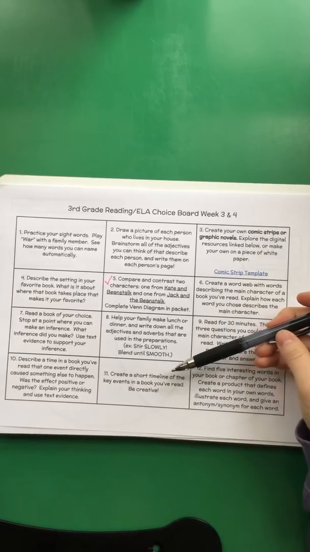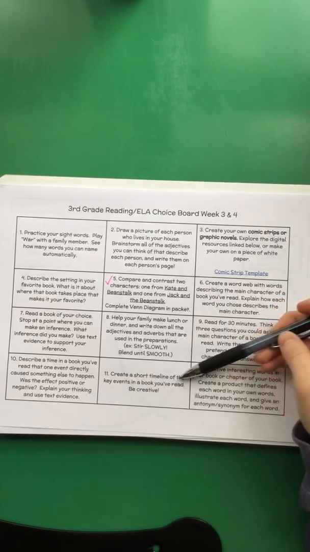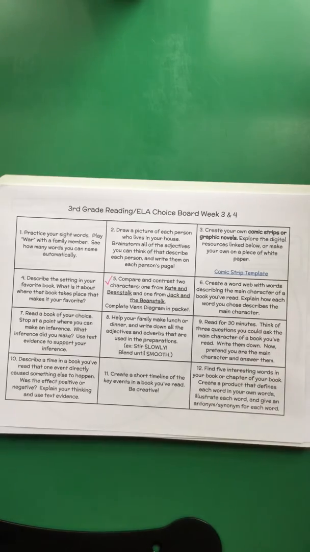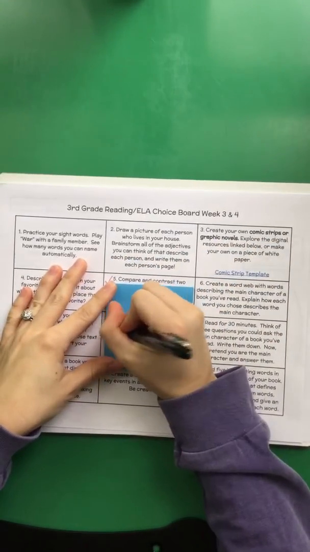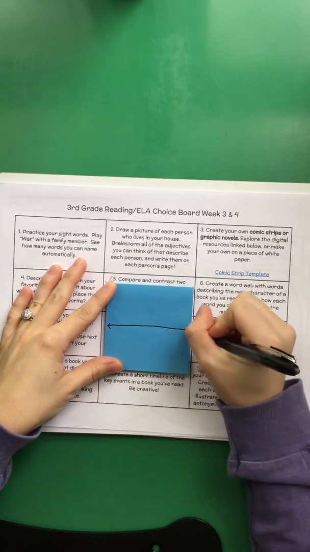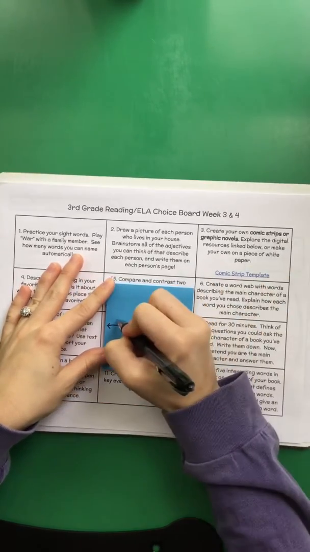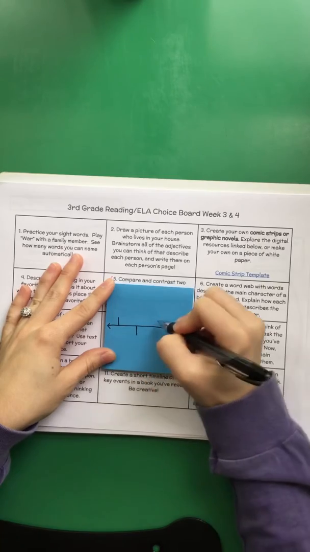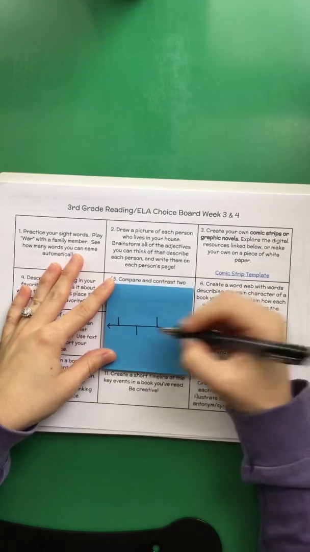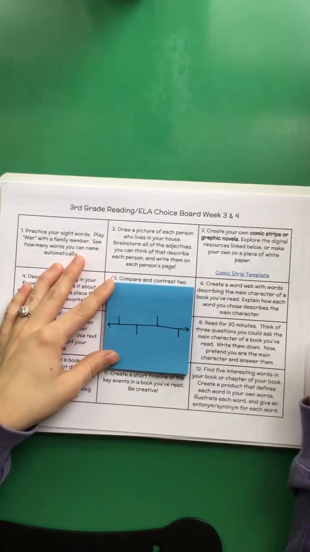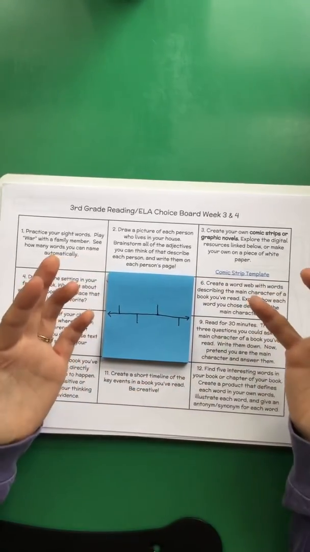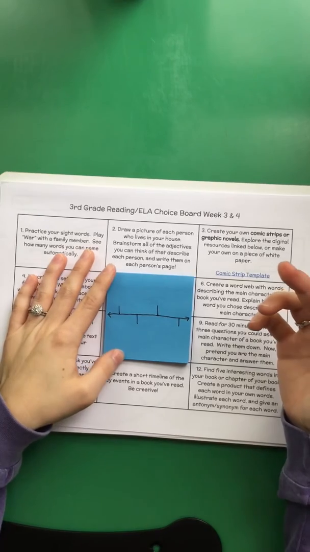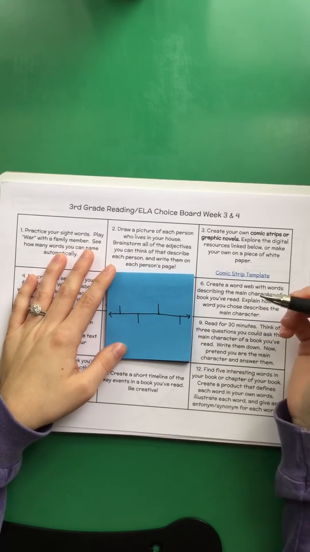Number 11 says create a short timeline of the key events in a book that you've read. Be creative. So if I'm making a timeline, remember, you start out with it looking kind of like a number line. And you just want to give yourself some room to write some important things. And you might have more lines than this, depending on how long you're talking about. So you could do like big ideas from a whole book, or you could do something from a chapter if you're still reading your book.